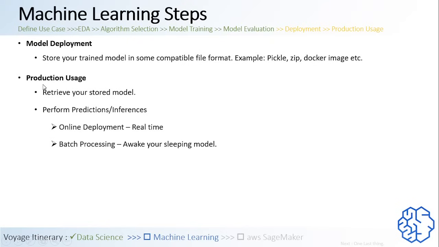In the production environment, you are going to retrieve your stored model, right? And then you expect that when this model is running, when this program is running, then this program will perform predictions.